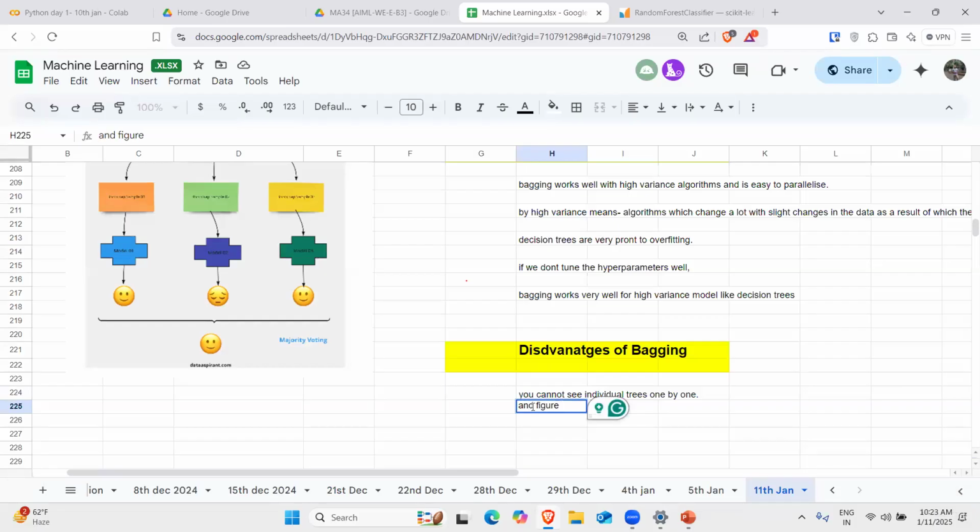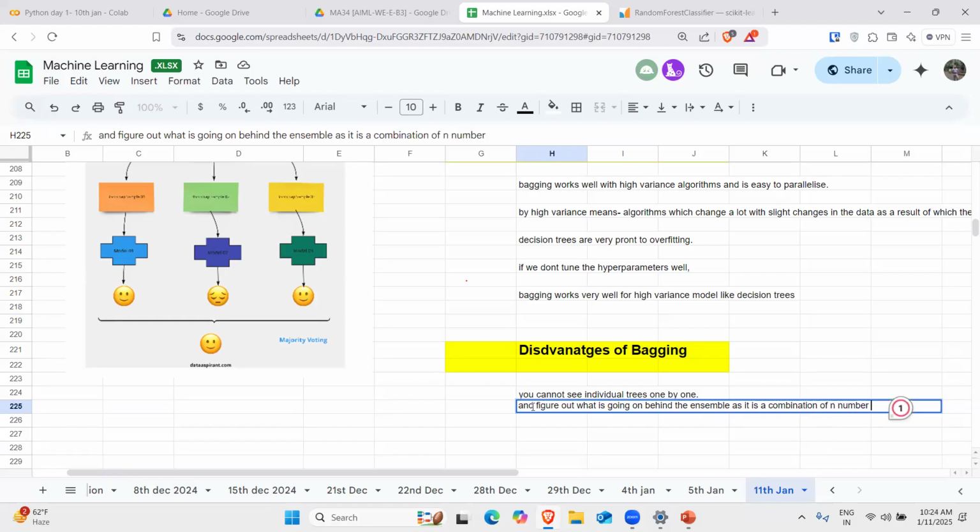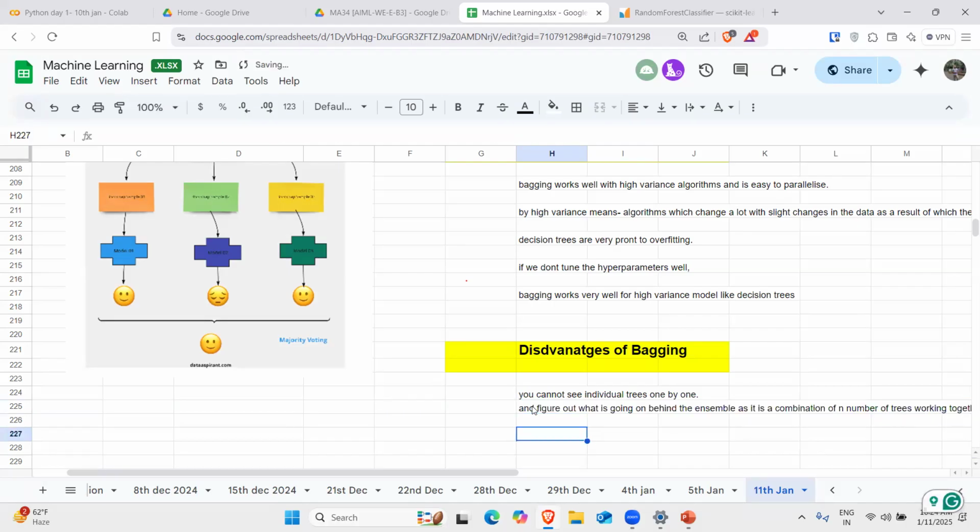You cannot see individual trees one by one and figure out what is going on behind the ensemble, as it is a combination of n number of trees working together, and this leads to a loss of interpretability.